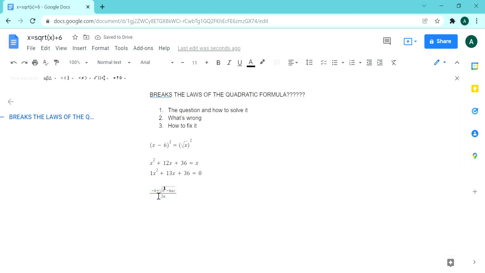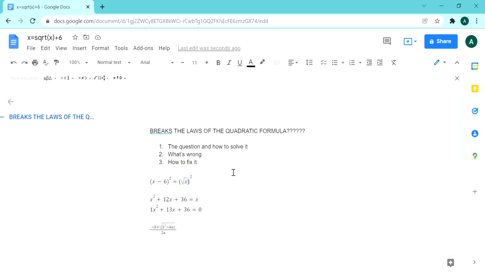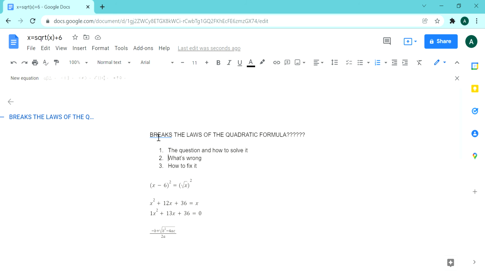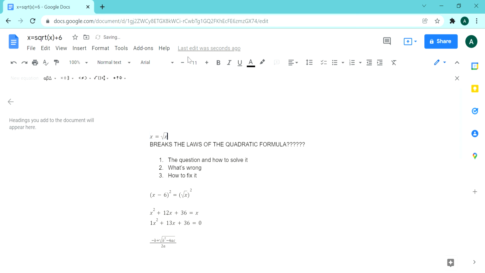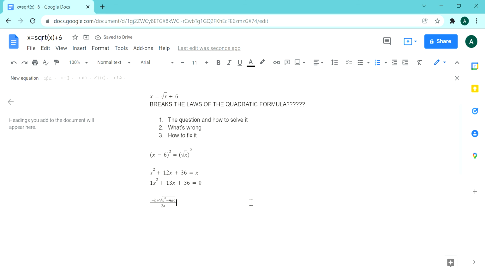If you want the value of x to be positive, for example, our equation, which is x equals the square root of x plus 6. So this is our equation here. And we're converting it to a quadratic, which then yields us the result x equals 4.